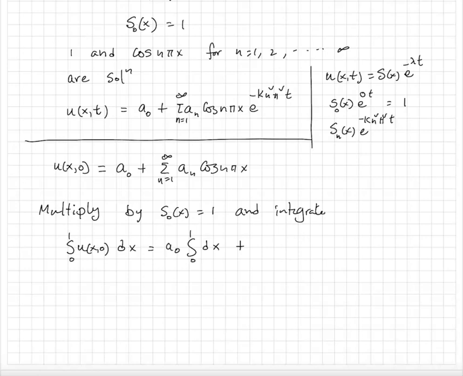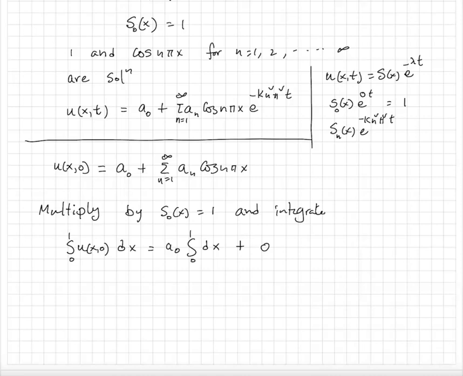You can easily see that the integral of cos n pi x from 0 to 1 will be sin n pi x at 0 and 1, which is 0. This is very clear: if we integrate cos n pi x from 0 to 1, which is the half wavelength, then the integral is 0.